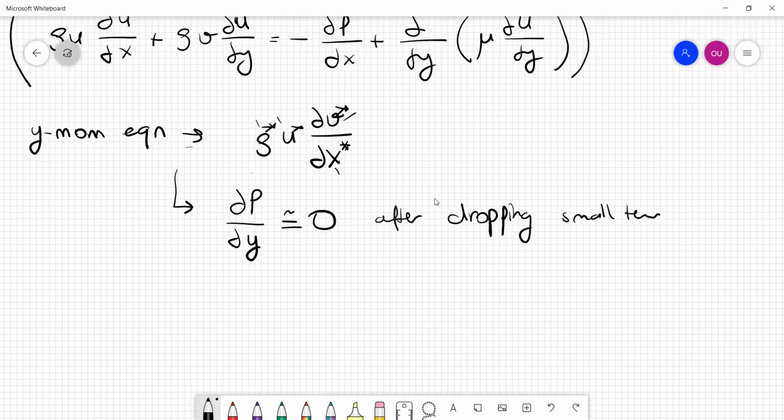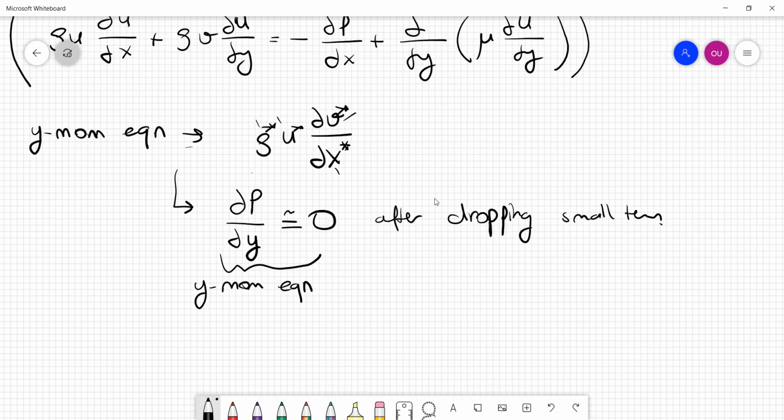So this is indeed the Y momentum equation for a thin boundary layer. That's the only thing that is left. The entire left-hand side becomes 0. The viscous terms are not 0, but negligible, a very small order of magnitude in the Y momentum equation.